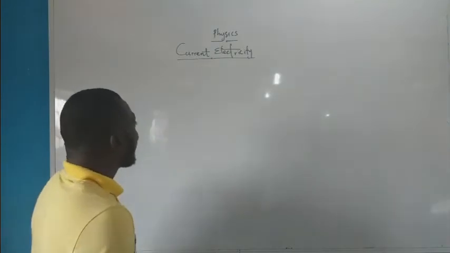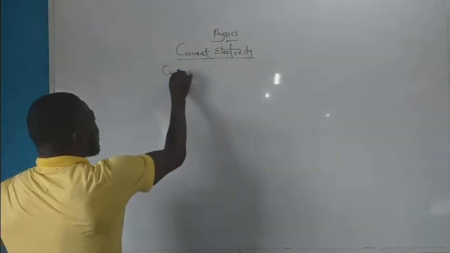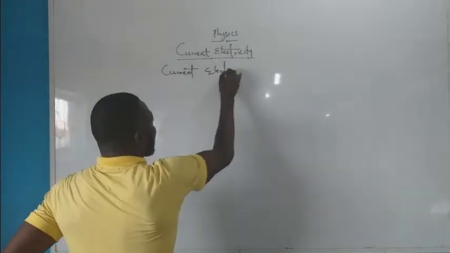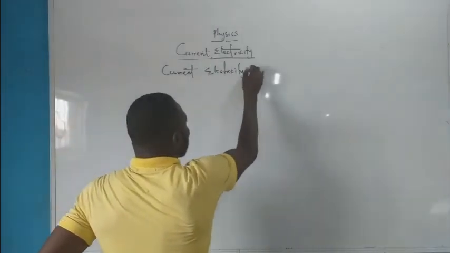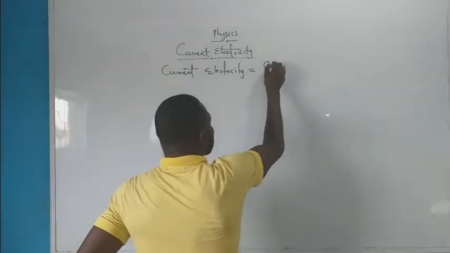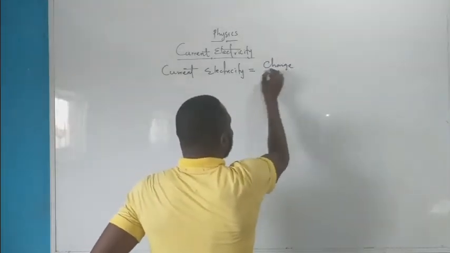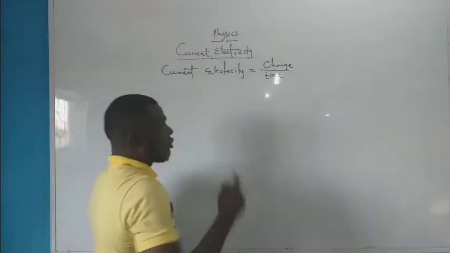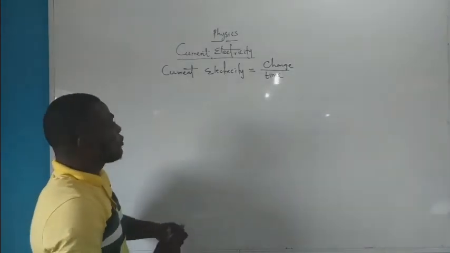What do you mean by current? Current electricity: current is equal to charge over time, which we can easily say.